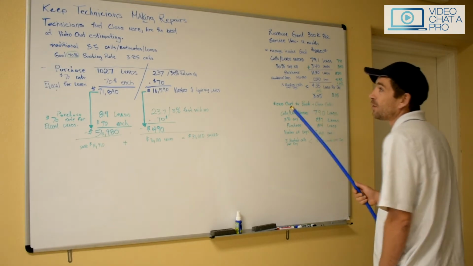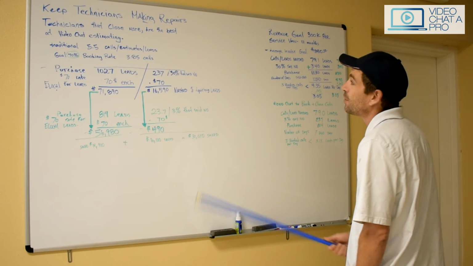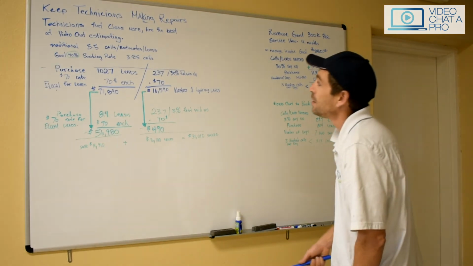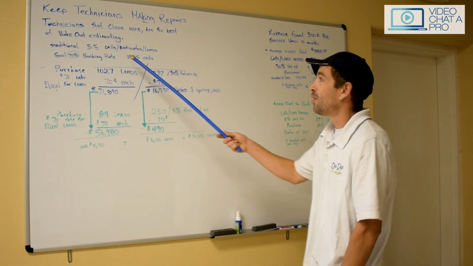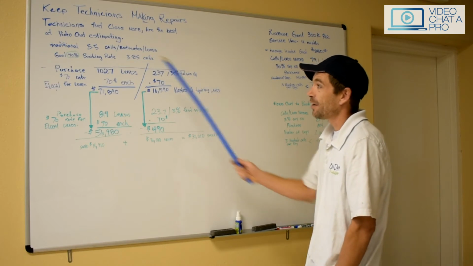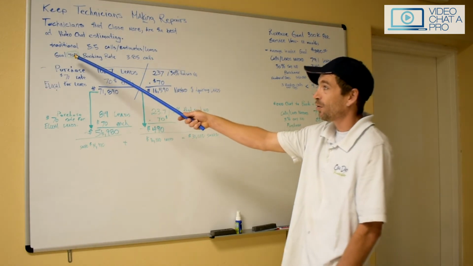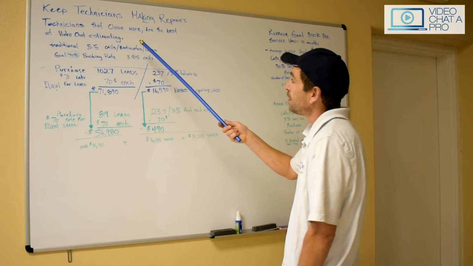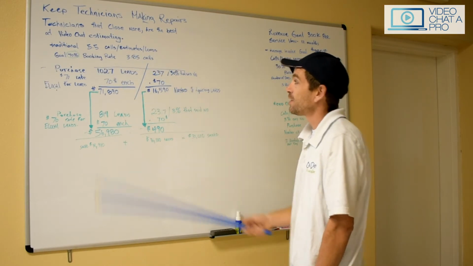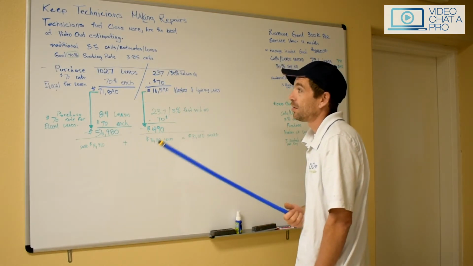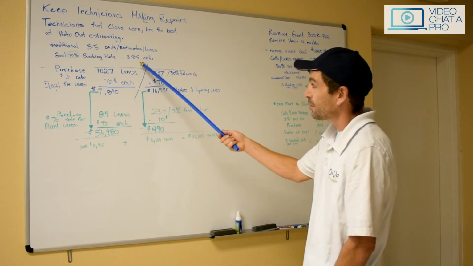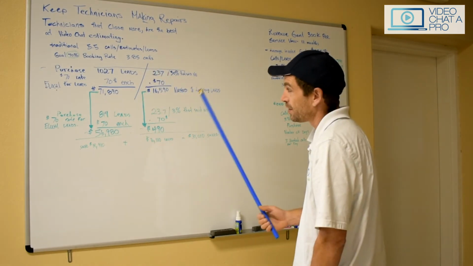So then we go over here back to the traditional. Right now what we can do is run 5.5 calls a day, and we can make a goal of booking or closing 70% of those calls, giving us a number of 3.85, 4 calls a day, basically.